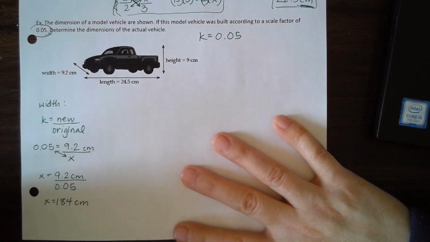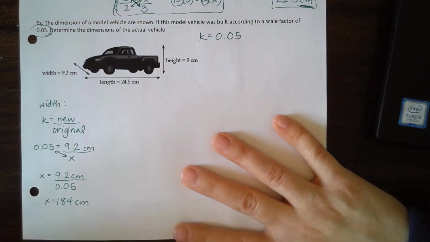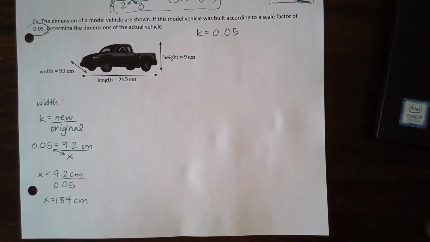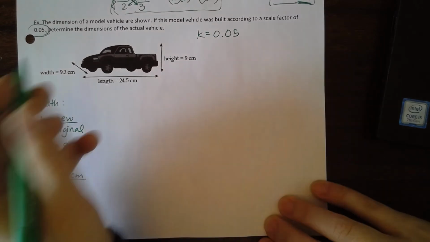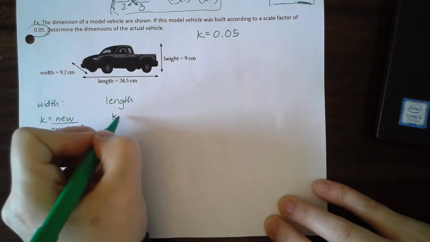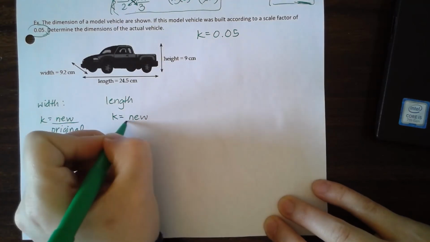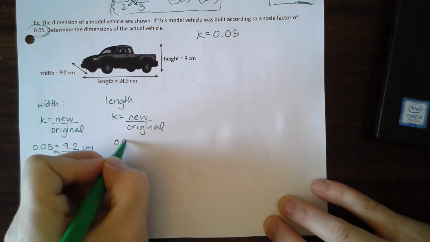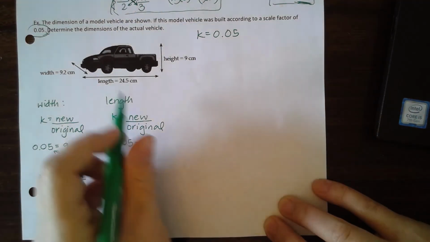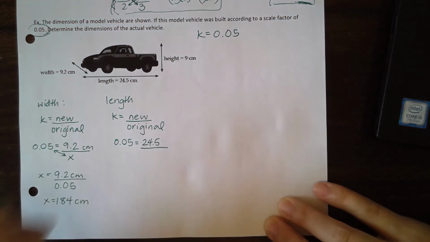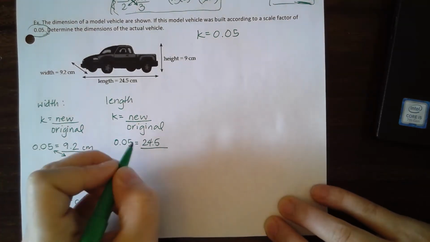That is a very reasonable width of a real truck, of almost 2 meters. So that's a good answer. It's probably the right answer. It's very reasonable. Let's try the length. Again, K equals new over original. 0.05 is K. The new length is 24.5, and the original length is what we're looking for here.